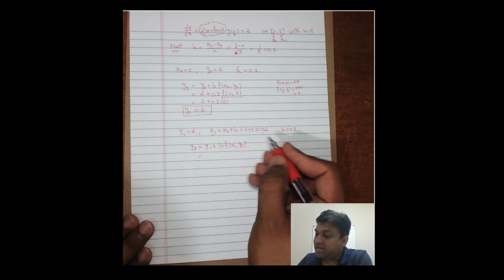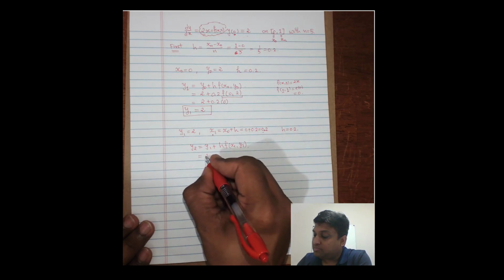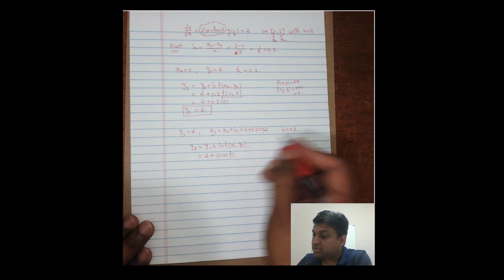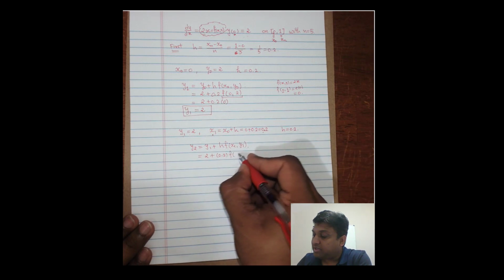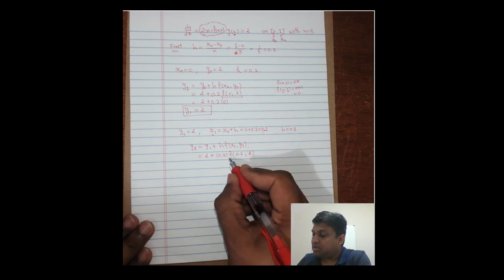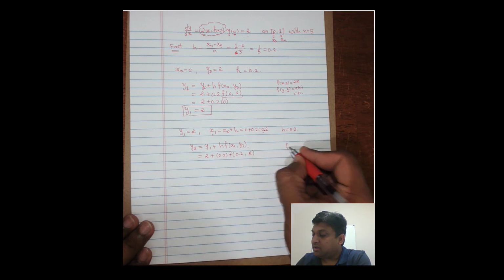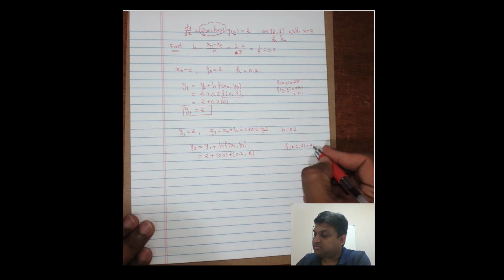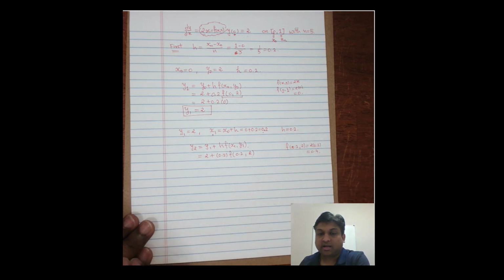Okay, so let's plug the values in. My y1 is 2, h is 0.2, and I need the function evaluated at 0.2 comma 2, right? So I need f at 0.2 comma 2. Our function is 2x, so 2 times 0.2 looks like 0.4 is what I'm going to get.